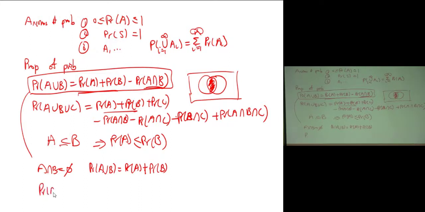Sometimes when we try to compute the probability of A, it is equal to the number of sample points in A over the number of sample points in S. That's all possible outcomes. Basically, the denominator is all possible outcomes.